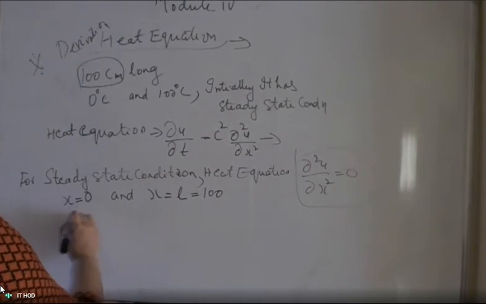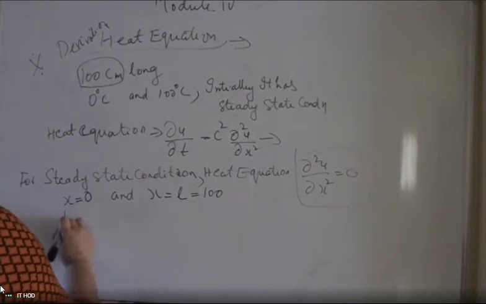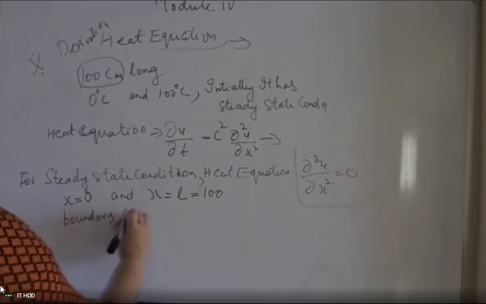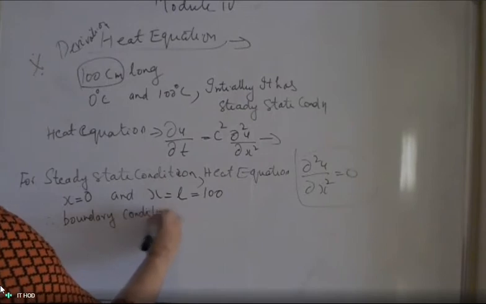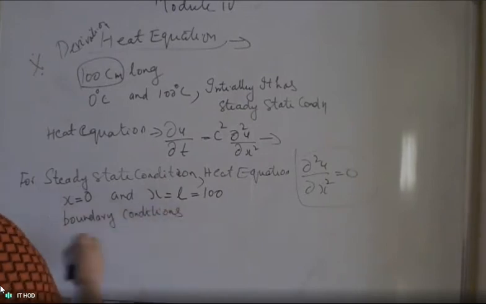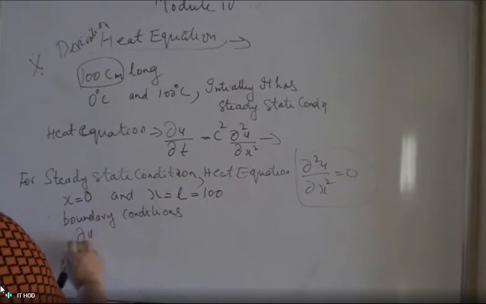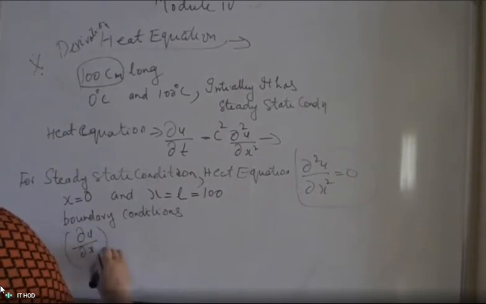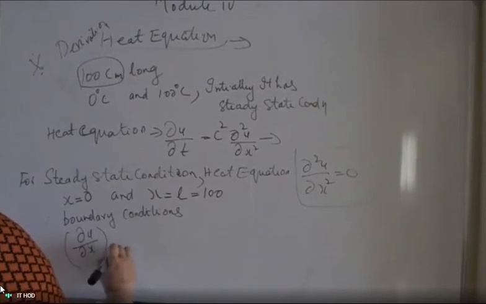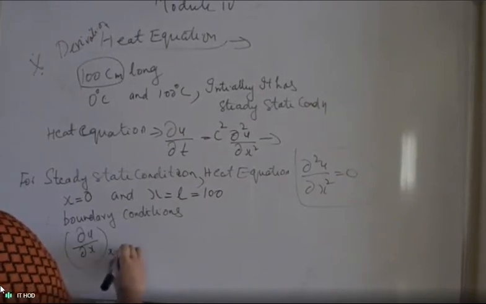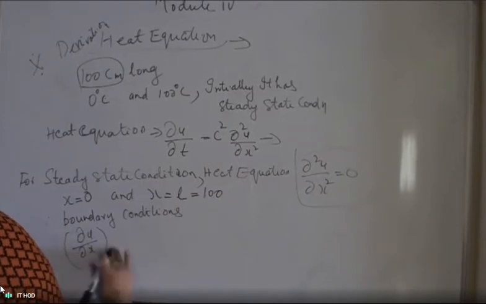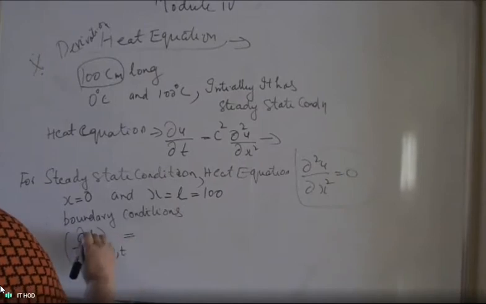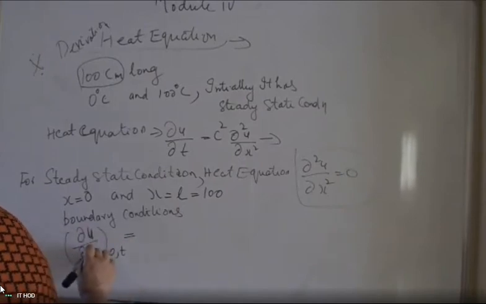The boundary conditions are, that means we can write dou u by dou x at x equal to 0, displacement equal to 0, and any time t. So you can write it like at (0, t). U is the temperature, x is the distance.